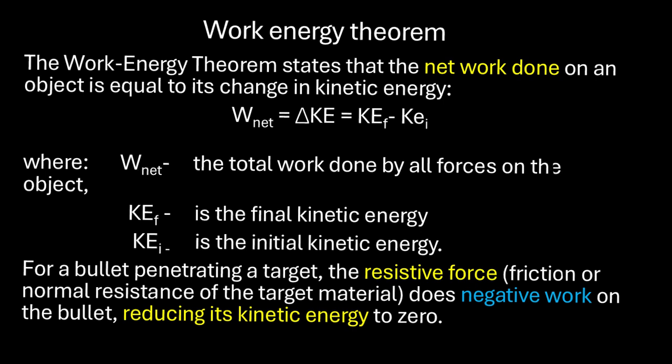Now what is net work? Net work is the total work done by all forces acting on the body. In this case we consider only the resistive force that acts on the body, and since this is a resistive force, it offers resistance to the free motion of the bullet, and therefore it does negative work. Why? Because it reduces its kinetic energy, bringing the velocity eventually to 0.